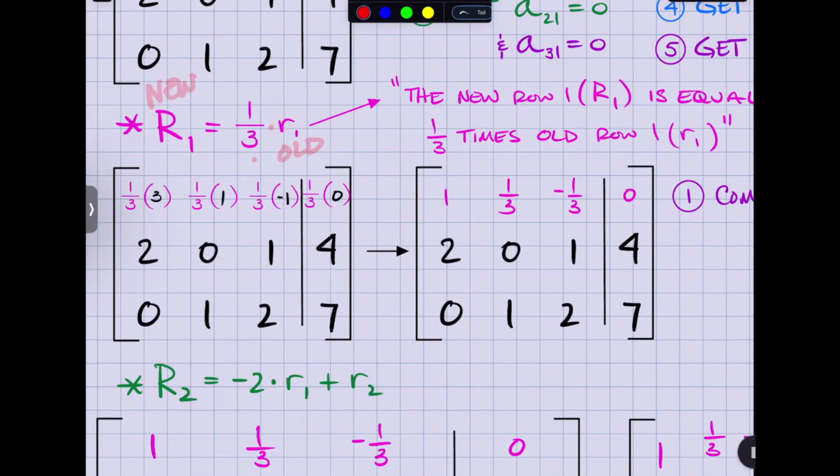So when we multiply, we have to multiply the whole row. So if you notice here, multiply by 1/3, multiply by 1/3, multiply by 1/3. And then we lay down the results. Are we okay so far? Just like if we were doing elimination, right?